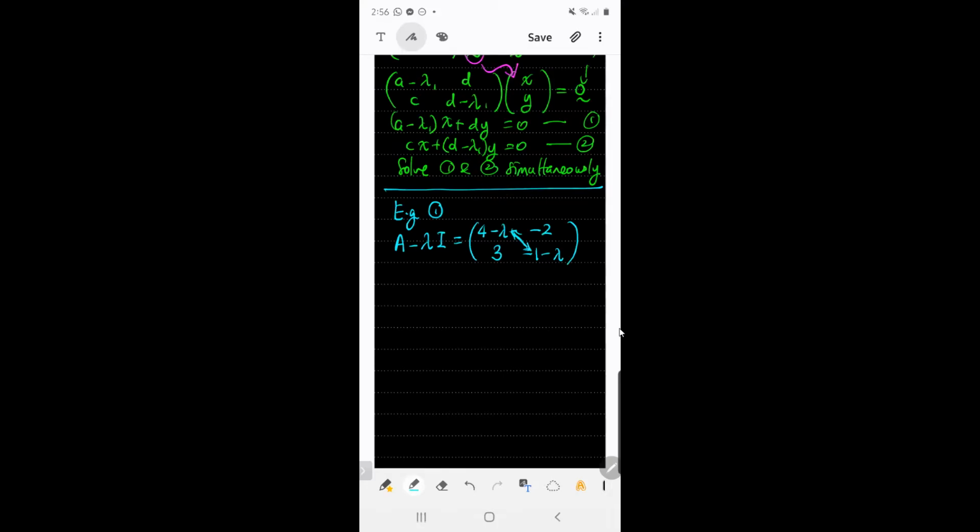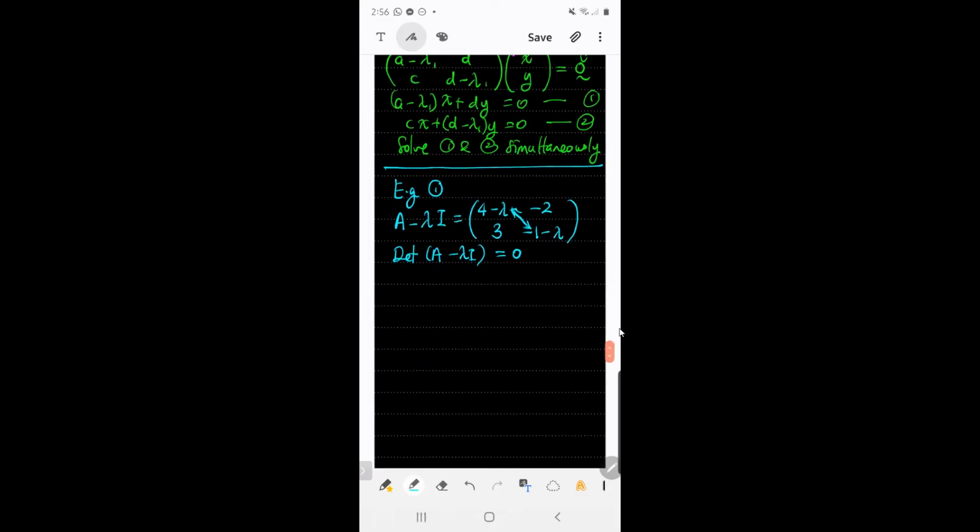So I have determinant of A minus lambda I, and I set this equal to 0. This is used to find the characteristic equation, and then you solve the characteristic equation. That would give us the lambda value.